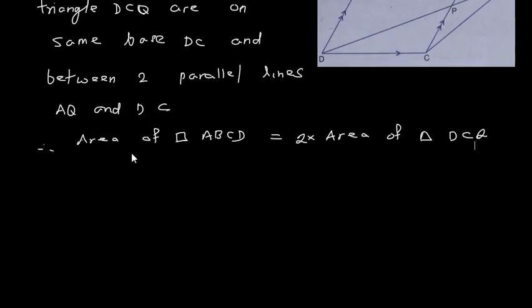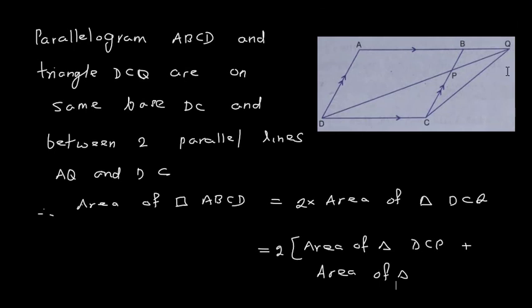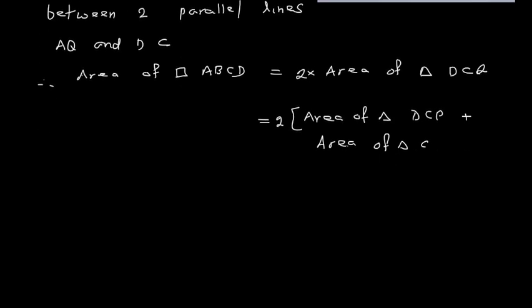So this is equal to 2 into, now this DCQ I will divide into triangles, area of triangle DCP plus area of triangle CPQ. So this is 2 into, now area of triangle DCP is 40.